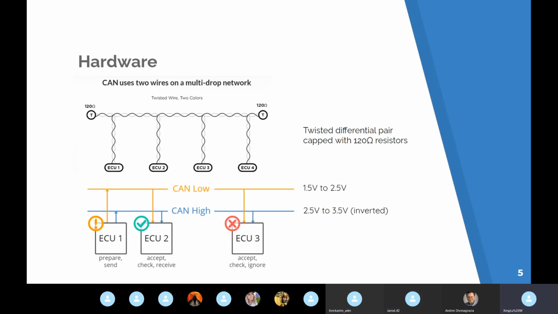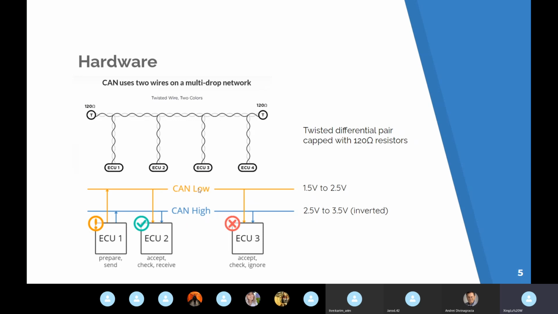On the hardware side, the physical components, usually you'll see CAN represented as twisted differential pairs. Can you see my mouse if I do this? Yep. Okay. On the bottom, you can see that they're called CAN high and CAN low.